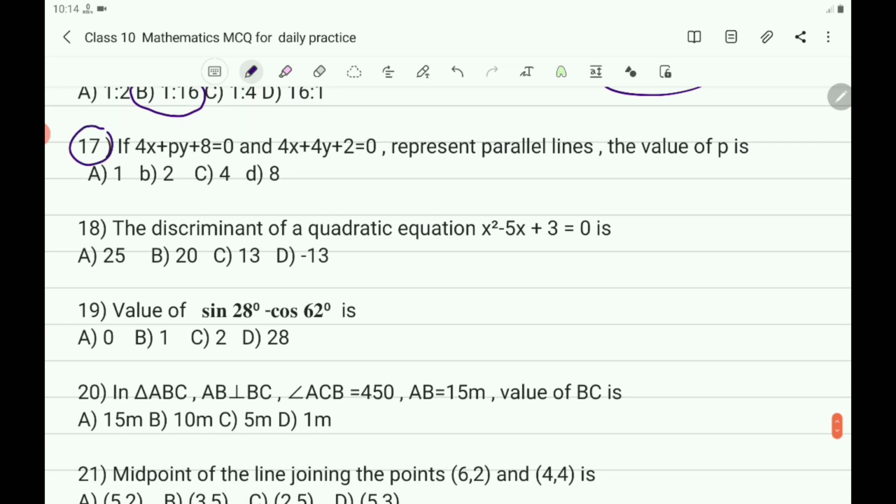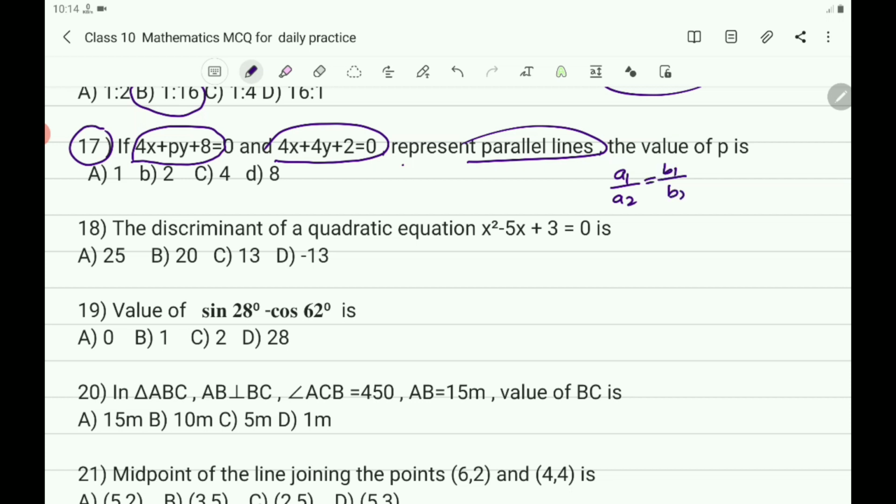Next, take the 17th question. If 4x plus py plus 8 equals 0 and 4x plus 4y plus 2 equals 0 represent parallel lines, the value of p is? Here they are parallel lines, which means A1 by A2 equals B1 by B2 not equal to C1 by C2. Here this is A1, B1, C1, A2, B2, C2.